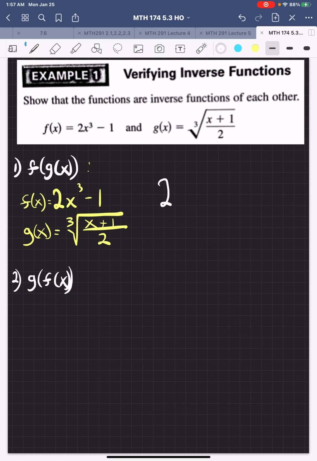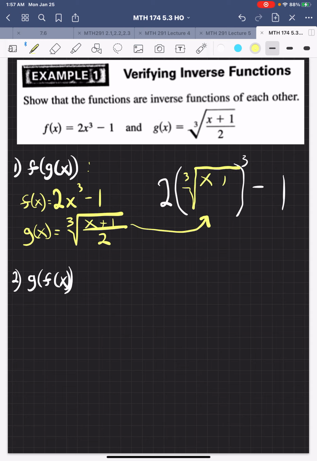So here is where an x would be, x to the power of 3 minus 1. Let's go ahead and substitute. All right, so now we got the cube root of x plus 1 over 2.